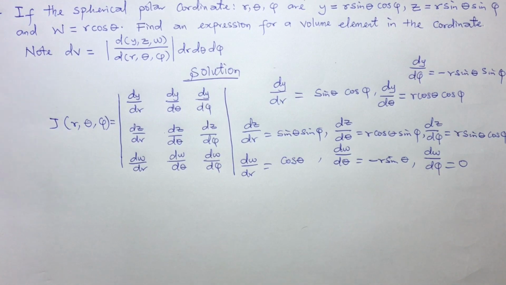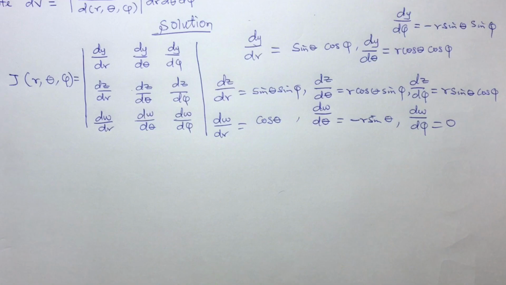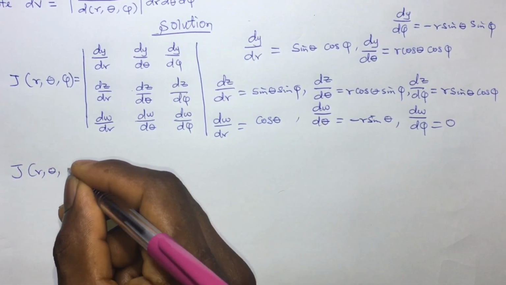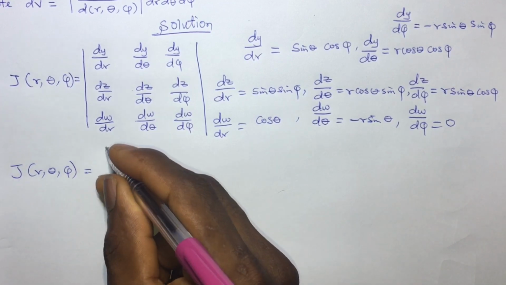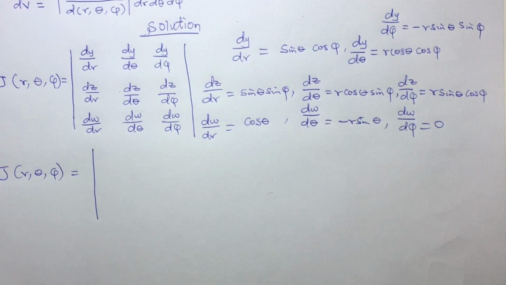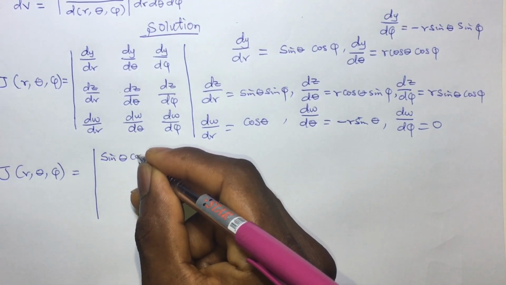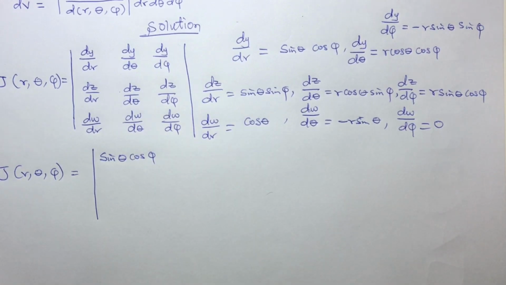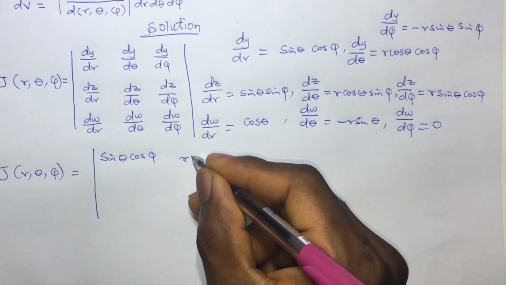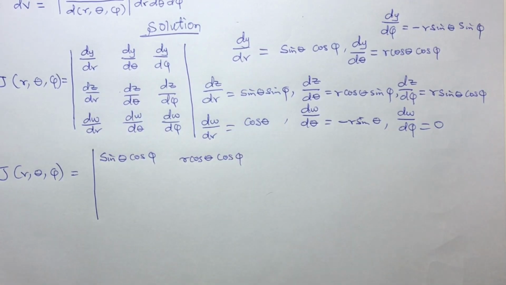So therefore, we have the Jacobian of r, theta, phi to be equal to, for the y over the r, we have sin theta cos phi, and the y over the theta is r cos theta cos phi.